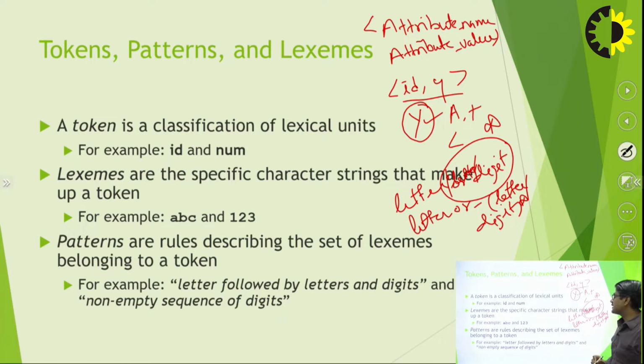So this is the pattern for all identifiers. If you put in a simple capital A, it generates the lexeme capital A, and the token is identifier with the value capital A.